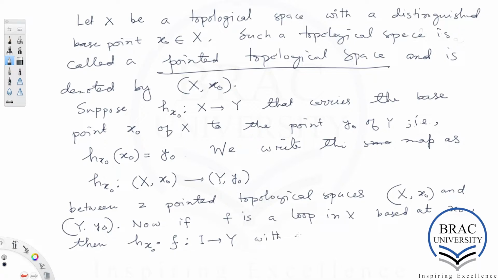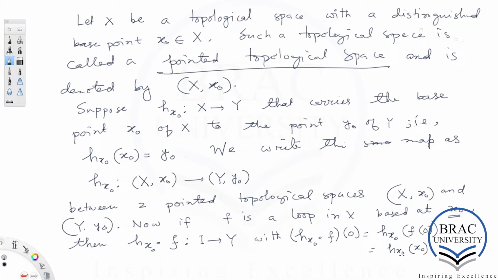Check that h sub x0 composed with f at 0, by the definition of composition, is h sub x0 of f of 0. Since f is a loop in X based at x0, f of 0 is simply x0.